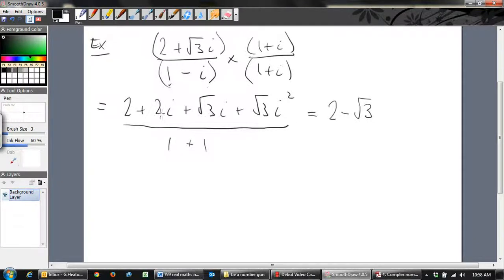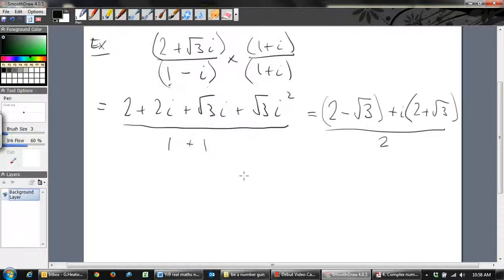Okay, so that's the real part, and I'll just put those in brackets so you can see the real part. What's the imaginary part? The imaginary part is 2 plus root 3. That's our imaginary part, and that's all over 2.